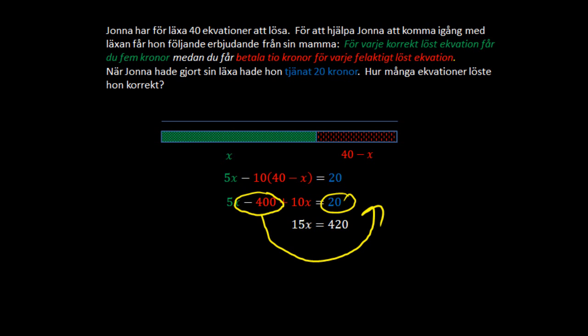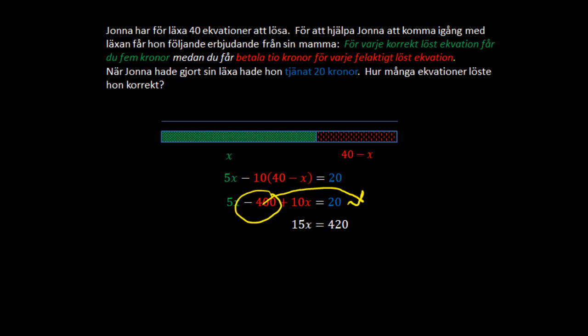So it's the equivalent of adding positive 400 to each side of the equation, and then the negative 400 would be neutralized by the positive 400. So you can also think of it just as taking it across the equal sign and changing the sign. That's probably the easiest way to think about it.